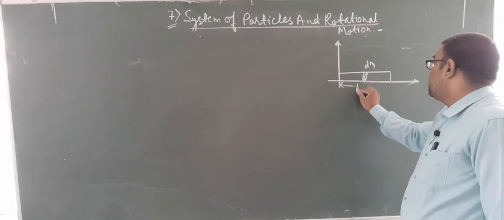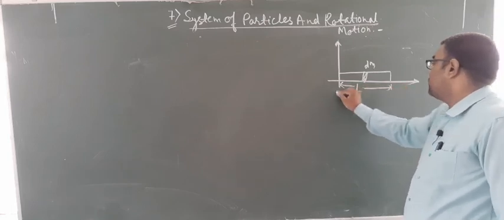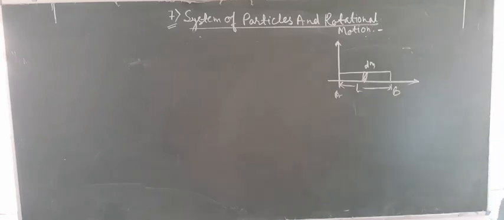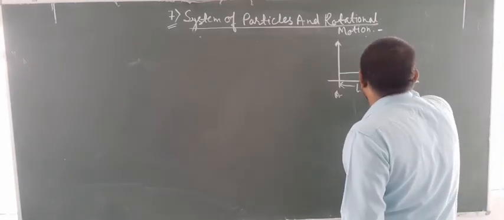If L is the total length of the rod, this coordinate is A and this coordinate is B.